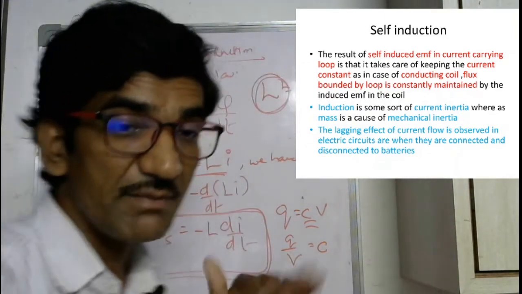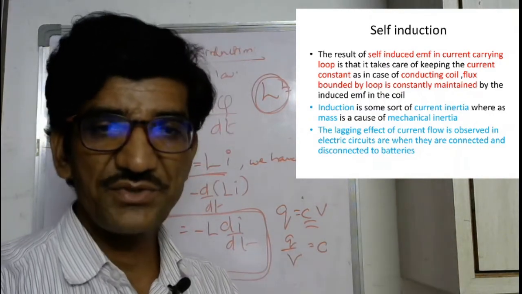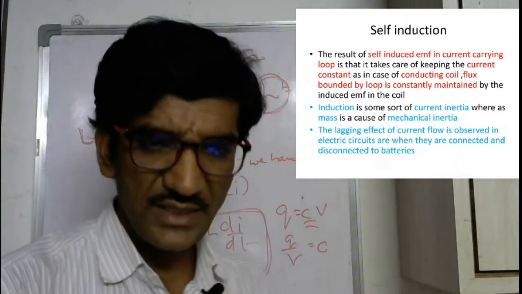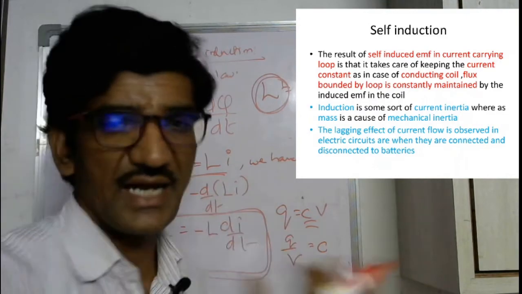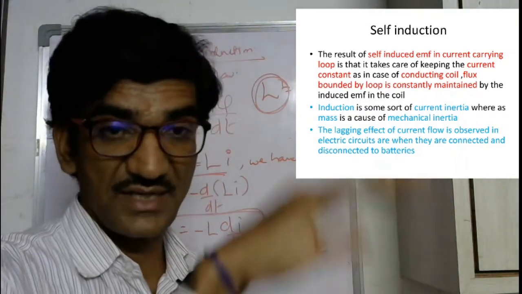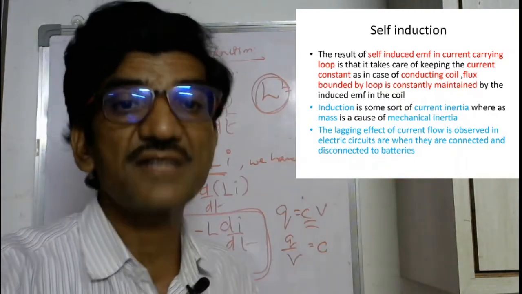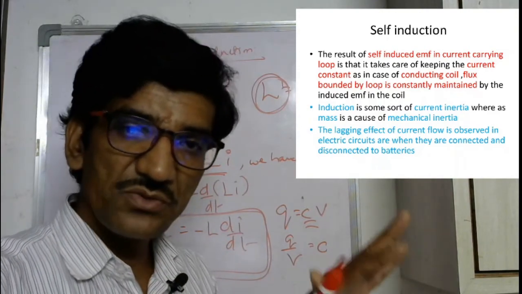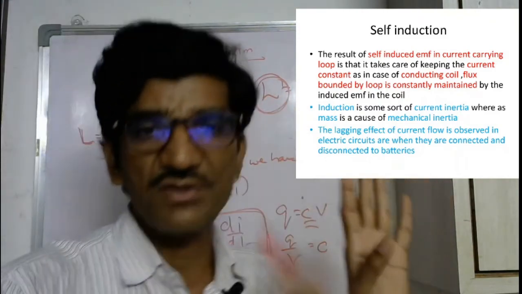There, what is the result of induced EMF in ordinary electromagnetic induction? It is induced in such a way that it stops the changes in the magnetic flux occurring there. So it takes care of keeping the magnetic flux through the coil constant.